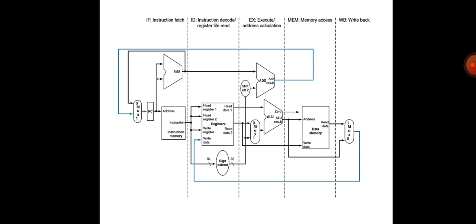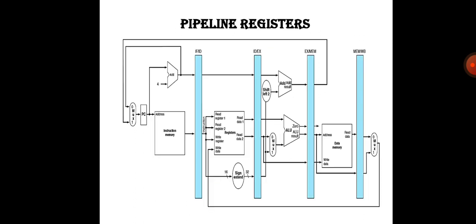In the memory access stage, the address calculated in the previous stage is used, and the data from that address is accessed and sent to the next stage, where the data is written into the register at the write back stage. So these are the 5 stages and their uses.